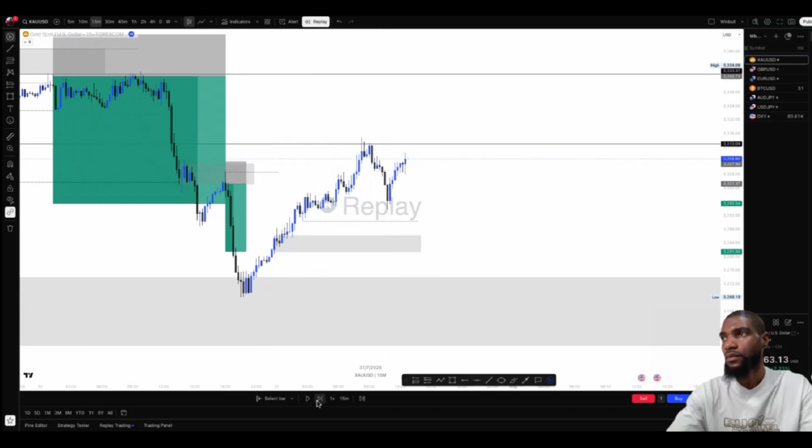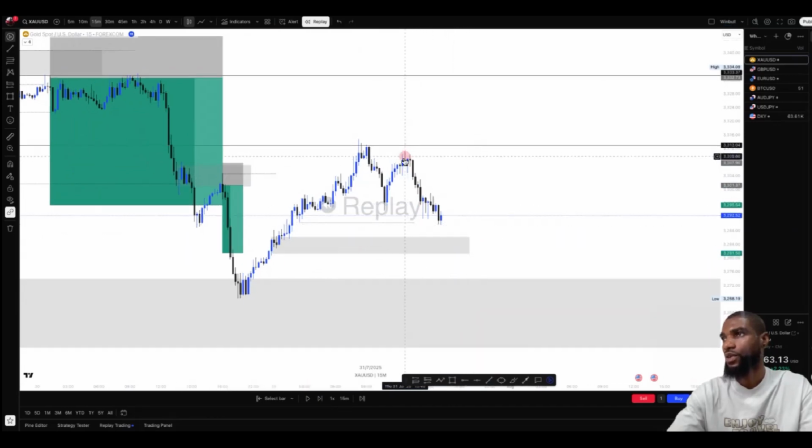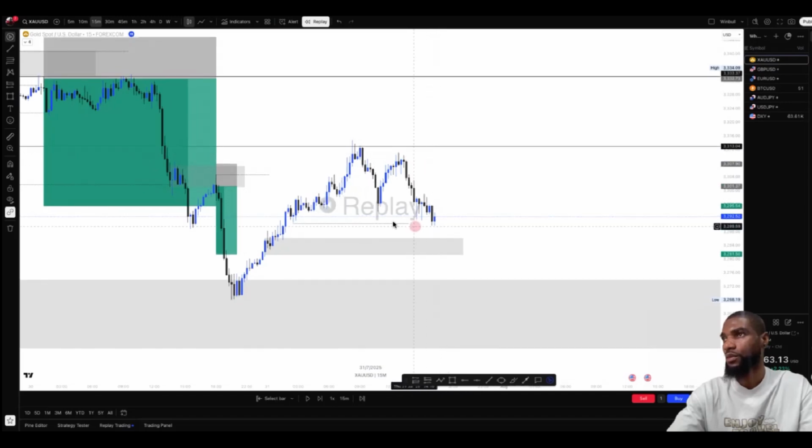So let's watch. Though I took a sell from this point down to this level, right? I took a sell from here, but I'm not going to put it here because I did not meet all my conditions. It was just a risky one, since I was more focused on the buys. And the NFP took price to the upside. So I waited for price to tap in here.